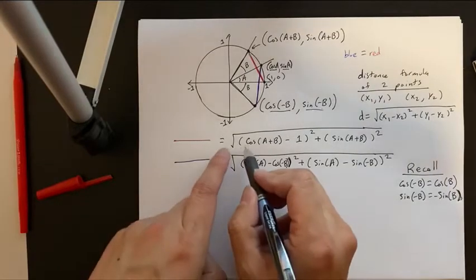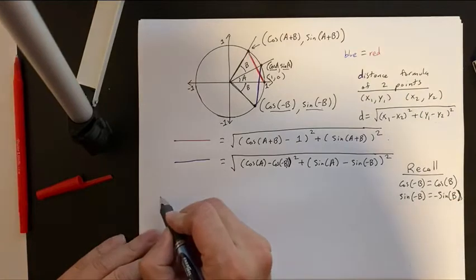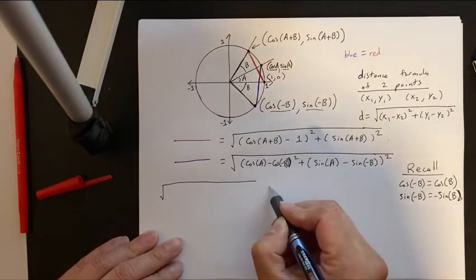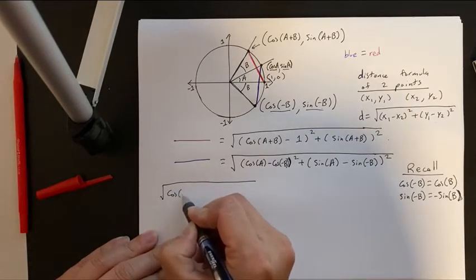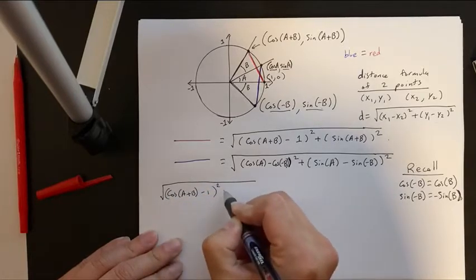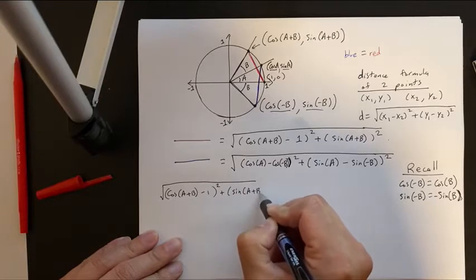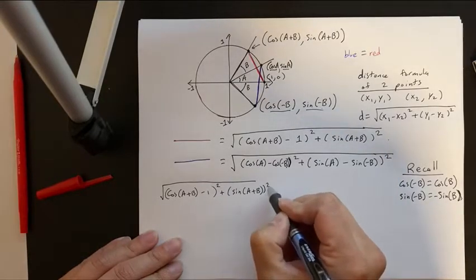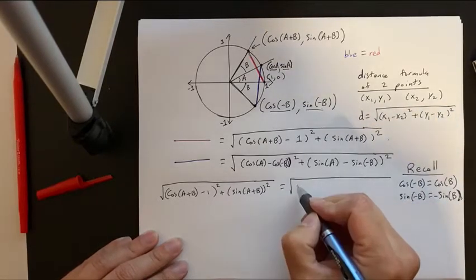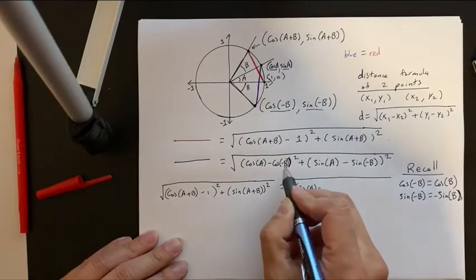So let's set the red line distance to be equal to the blue line. So the square root of cosine of a plus b minus 1, that whole thing squared, plus sine of a plus b, that whole thing squared, is equal to the square root of cosine a, and I get to drop that negative b.